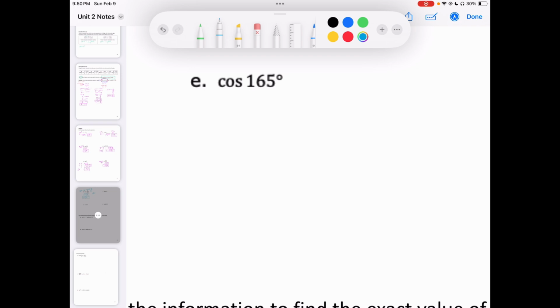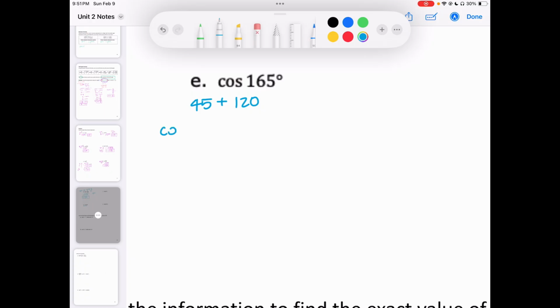Or you could do a sum and difference, which is actually what I did on mine, even though I think the goal was to use the half angle formula. So I'm going to use the double angle or the sum identity. So I know that 45 plus 120 is going to get me 165. We'll just mix it up a little bit.